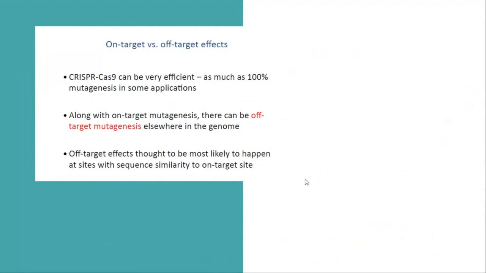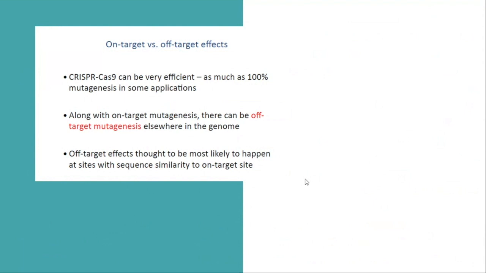Although it is not as much, if say 20 molecules are binding at the target site, you would not have an off-target effect where also 20 molecules are binding. Maybe only one will bind, but even that can have some kind of effect. And if that happens to be on an essential gene in the cell, that can kill the cell. So we have to keep the off-target effects in mind also.